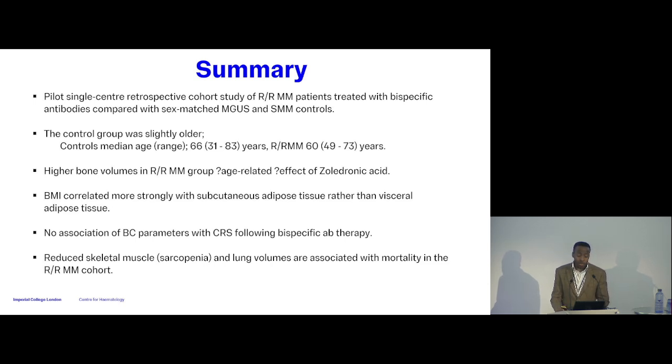We also found that BMI was more strongly correlated with subcutaneous adipose tissue rather than visceral adipose tissue, and there was no association between body composition and CRS, but we did find that reduced skeletal muscle mass and lung volumes were associated with mortality in our study group.